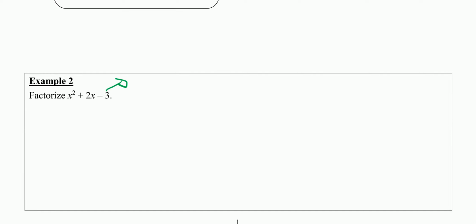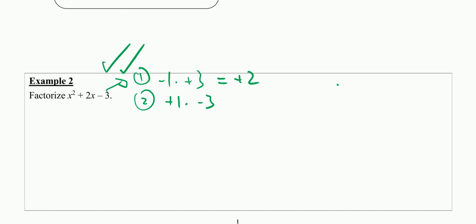Okay, one more example, for negative 3. Just do the two combinations, multiply by the factors, and you can get the answer. For choice 1, you can get positive 2, so it is your choice.